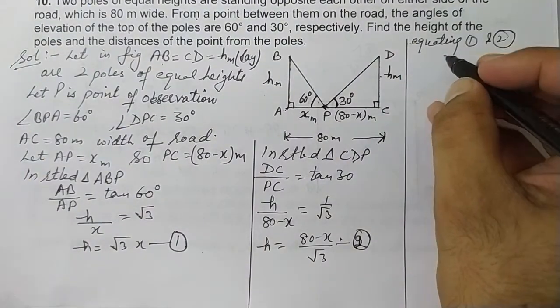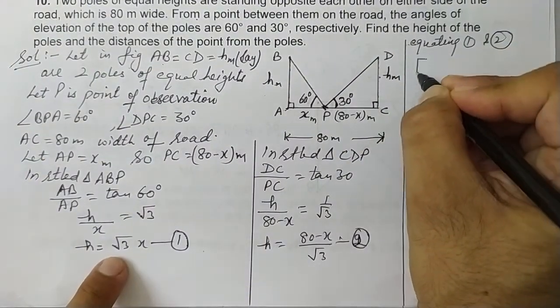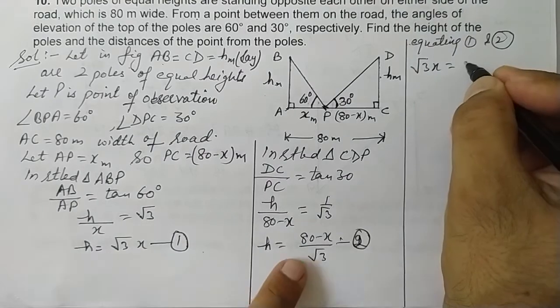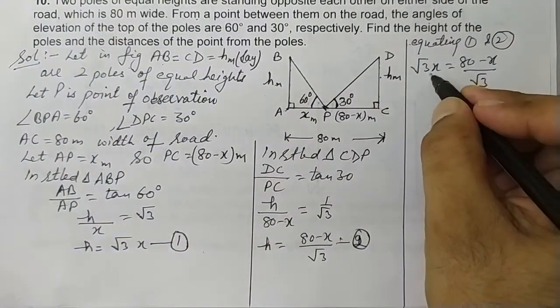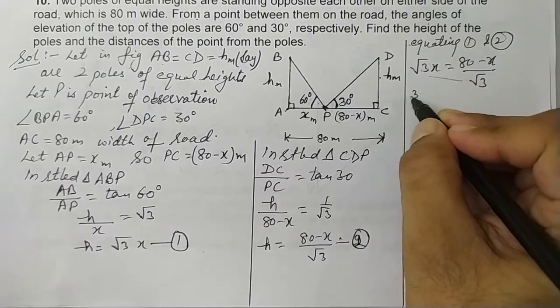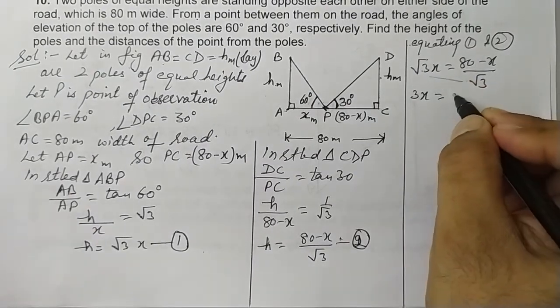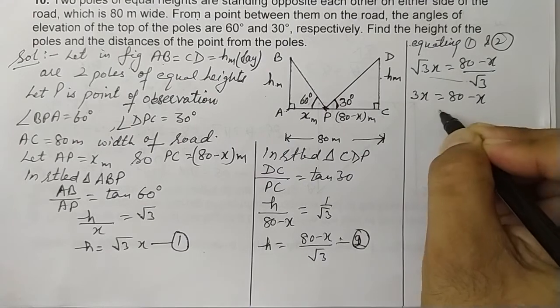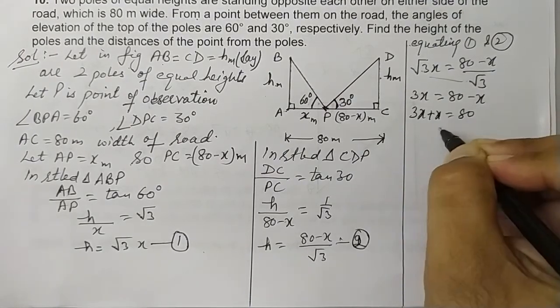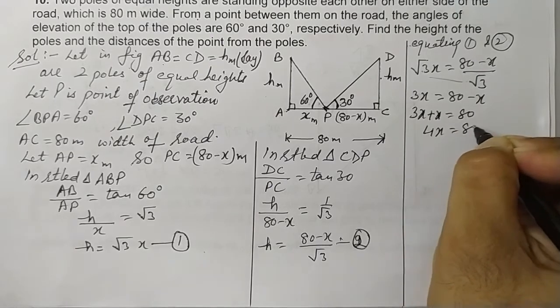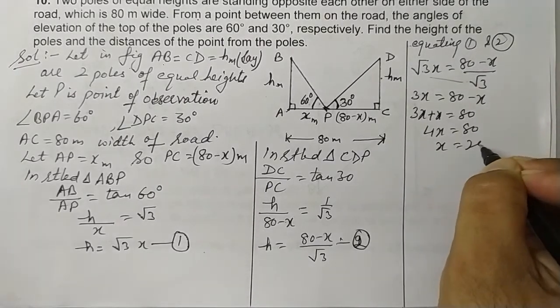Equating 1 and 2, root 3 x is equal to 80 minus x over root 3. Now we'll cross multiply. Root 3 into root 3 is 3, so 3x is equal to 80 minus x. This x will come to this side, so 3x plus x is equal to 80, 4x is equal to 80, so x is 20.